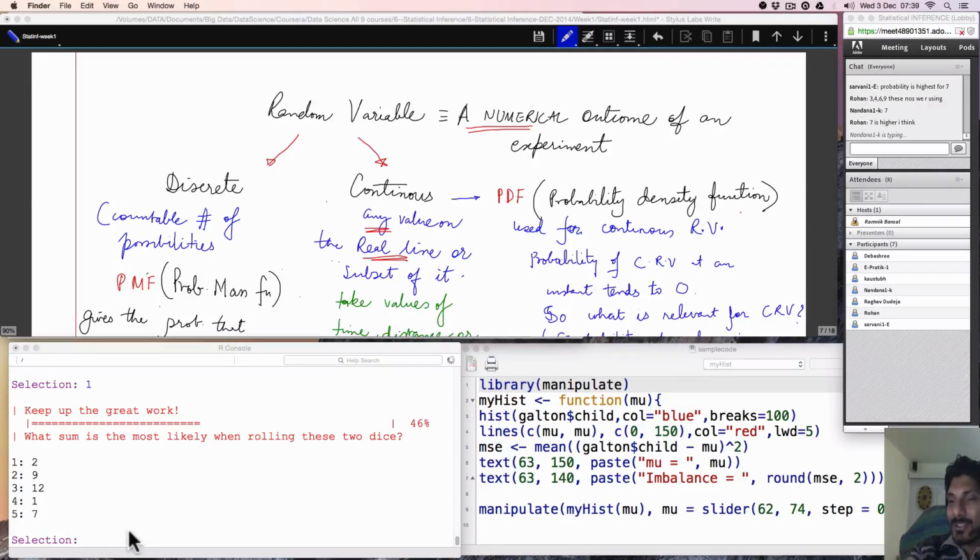How do you come to it immediately? If the numbers are between 2 and 12, 7 lies somewhere in between, and typically something in between will have the highest probability.